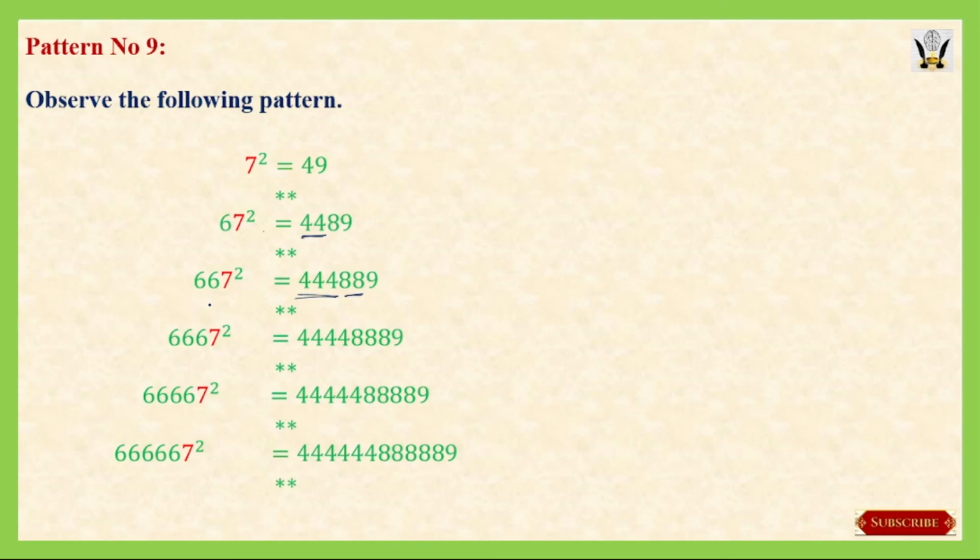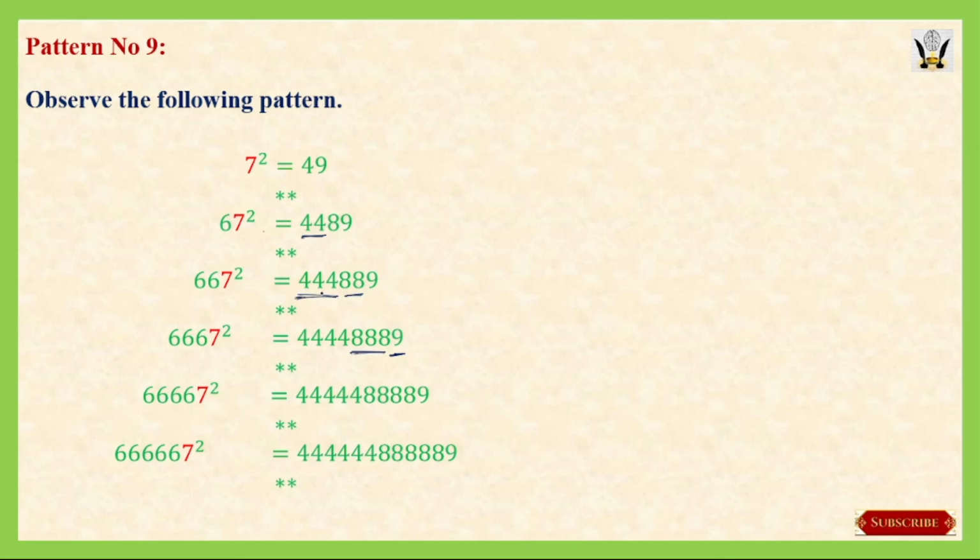Now if we add one more 6 to that number, at the thousands place, it will become 6667. And now if we take the square value, what will it be? At the units place it will again be 9. In the previous square we had 2 eights, so here we will have 3 eights.